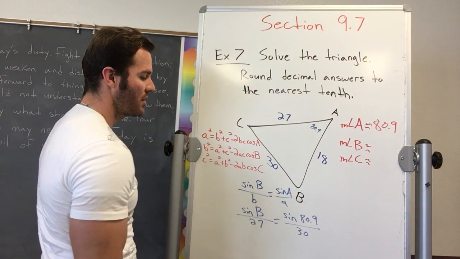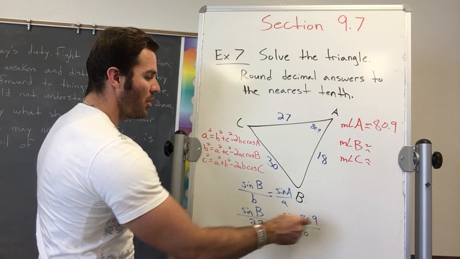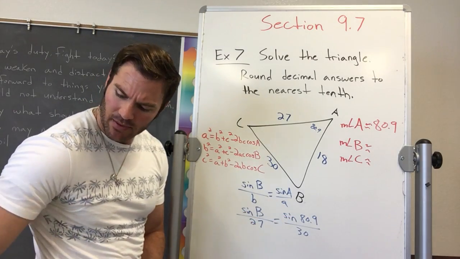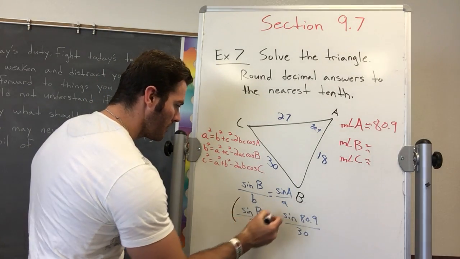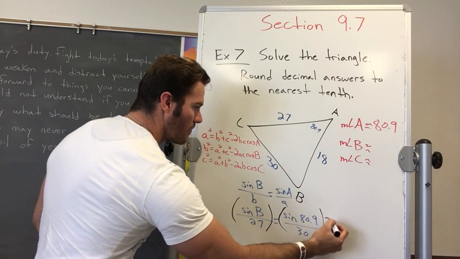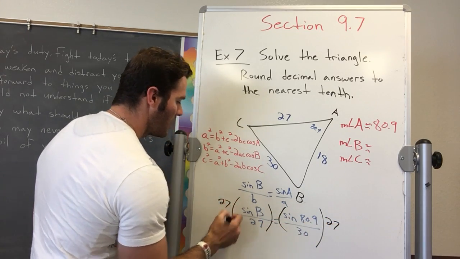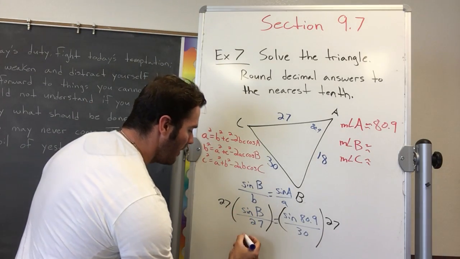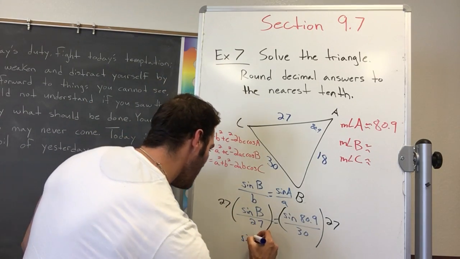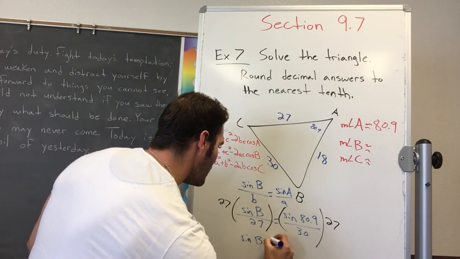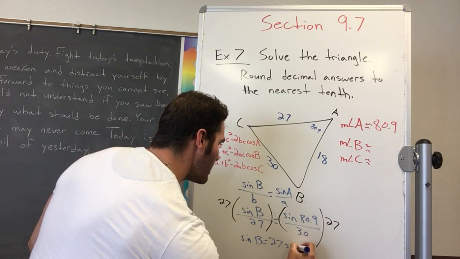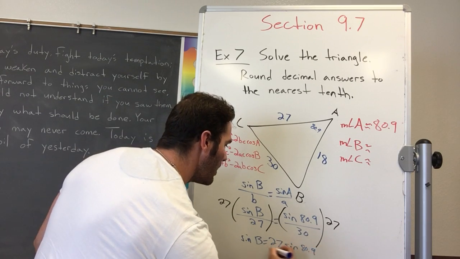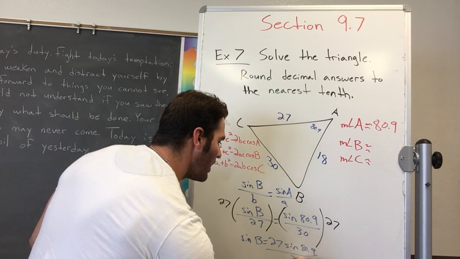Now let's solve for sine B by multiplying both sides by 27. So now we're left with sine B equals 27 sine 80.9 over 30.